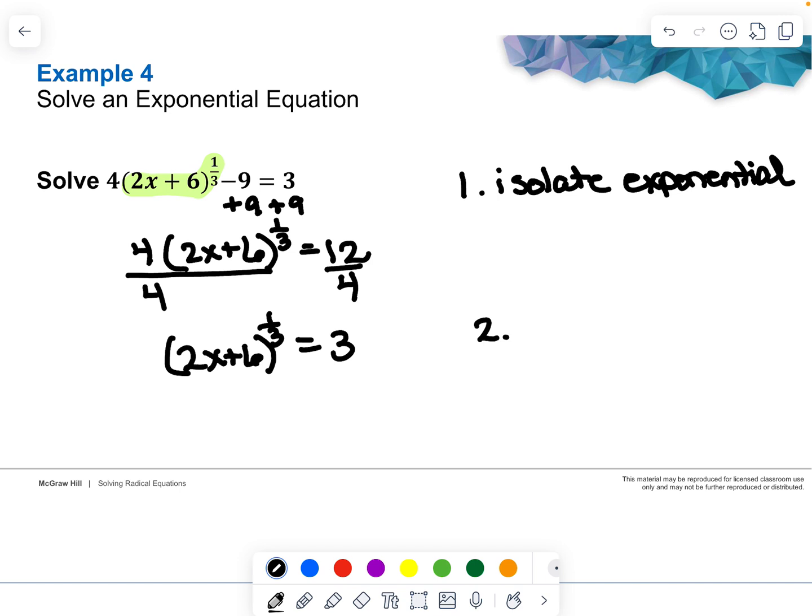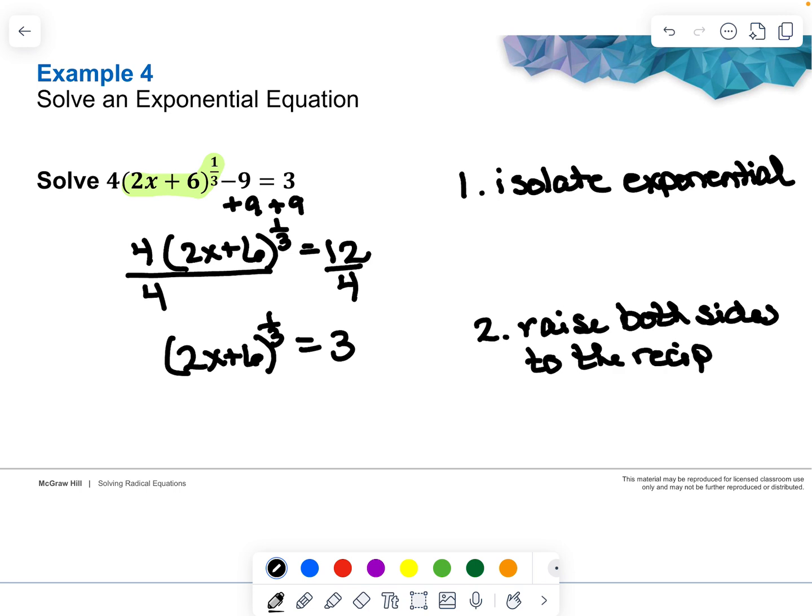Okay, and the next step in this case, we are going to raise both sides to the reciprocal of the exponent.